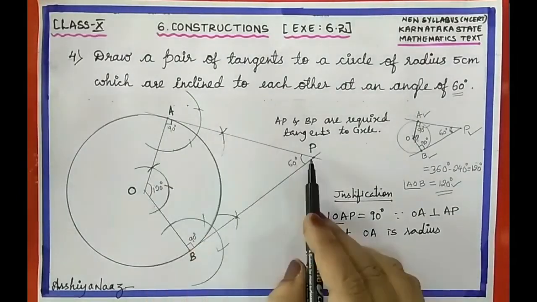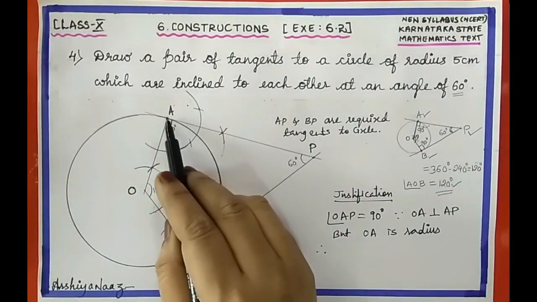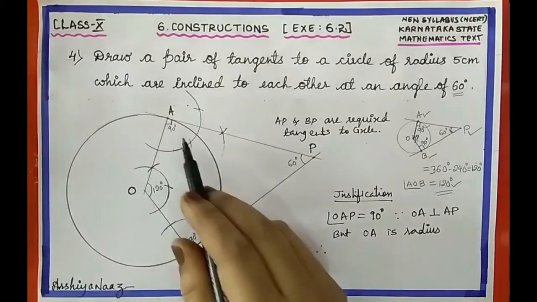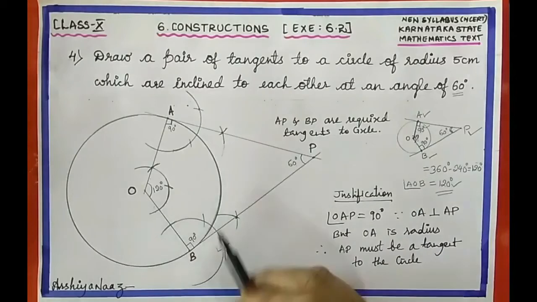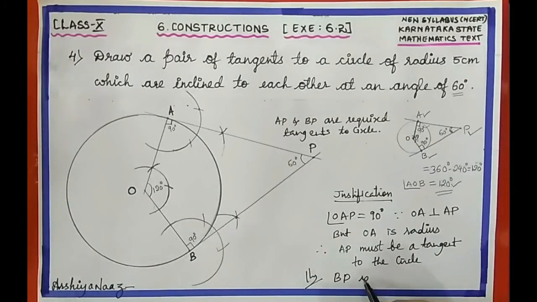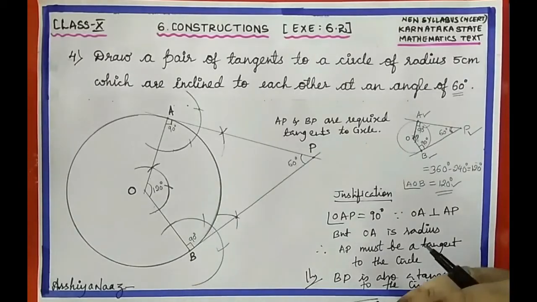Therefore, AP must be a tangent at the point A to the circle. Similarly, we can also say BP is also a tangent to the circle at the point of contact B. So this is our required construction.